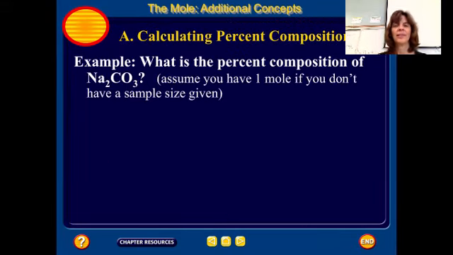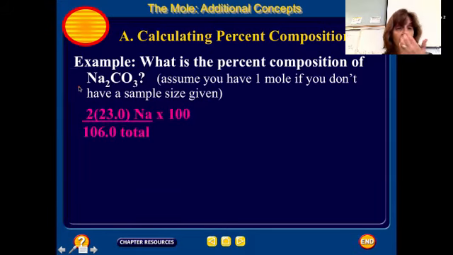If we want to calculate the percent composition, knowing the compound's formula, we can use the mole concept. So, for example, if we want to know the percent composition of sodium carbonate, you could assume you have 1 mole if you don't have any sample size given, and then calculate how much the parts are of the whole compound.